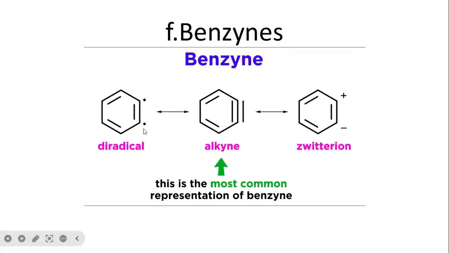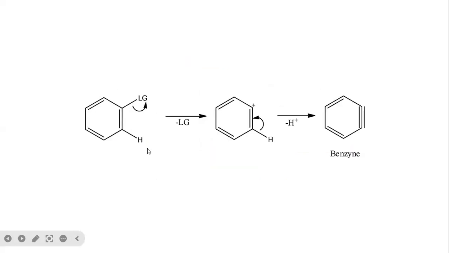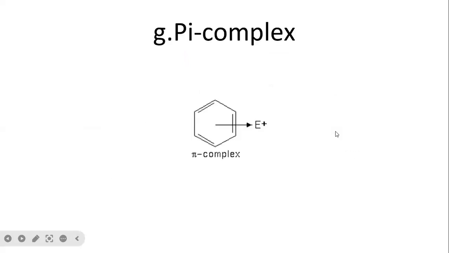Benzynes: benzene with two electrons removed is benzyne. This is the most common representation of benzyne. It is formed from a leaving group and produces benzyne.